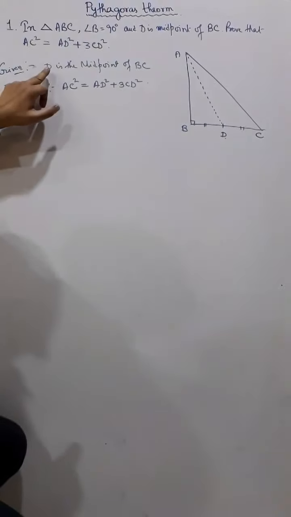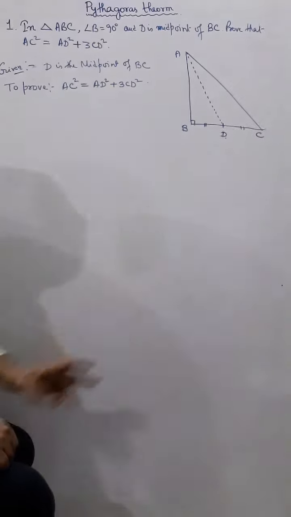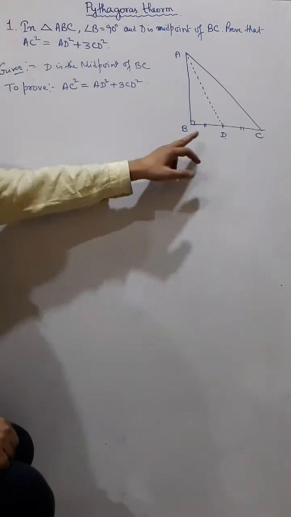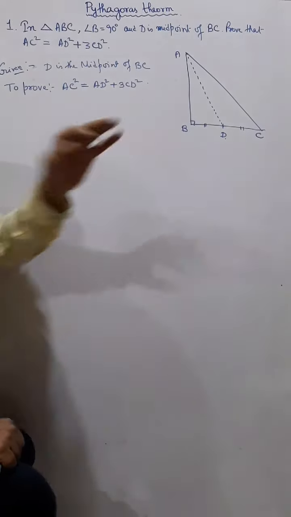For example, here they told D is the midpoint of BC. Now this means BD equals DC. If BD equals DC, I can replace BD with DC or DC with BD.